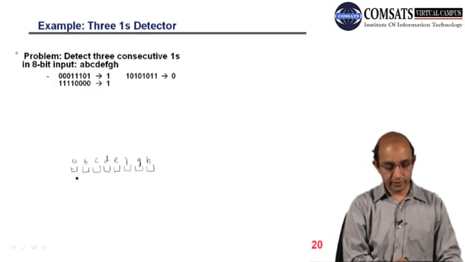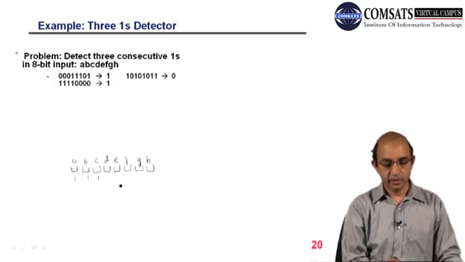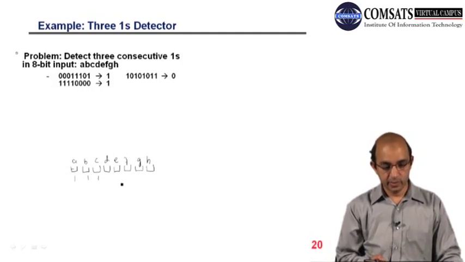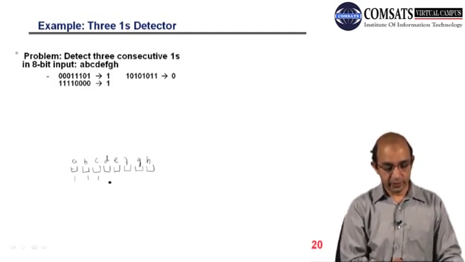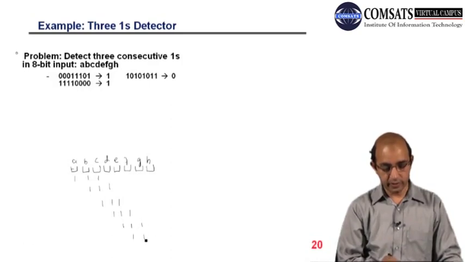So I have a scenario over here. Here I have 3 consecutive ones. The second scenario can be, here I can also have 3 consecutive ones. So here I have consecutive ones, and here I have consecutive ones, and here I have consecutive ones.